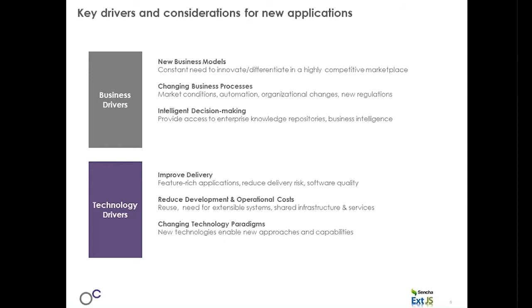Effective decision-making requires providing information and tools that are easily accessible to your users. If you don't make them easily accessible, a user may not take those extra steps to find and look at that extra information or to use that extra tool that will help them to make an effective decision. Many of the technology drivers we see are a continuing evolution within IT. Our applications are increasingly becoming more sophisticated and more feature-rich.